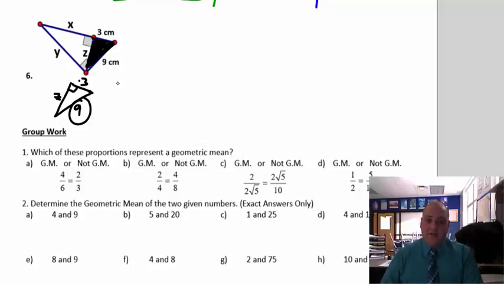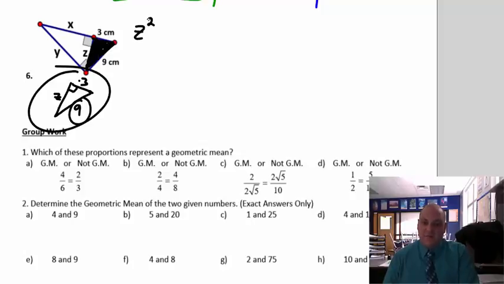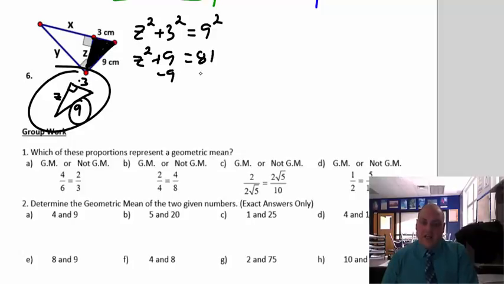I could just do the Pythagorean Theorem. So the Pythagorean Theorem on this triangle is going to be z squared plus 3 squared. Again, we're not using the geometric mean. We're going to do the Pythagorean Theorem to find z, equals 9 squared. This is going to be z squared plus 9 equals 81. Subtract 9.